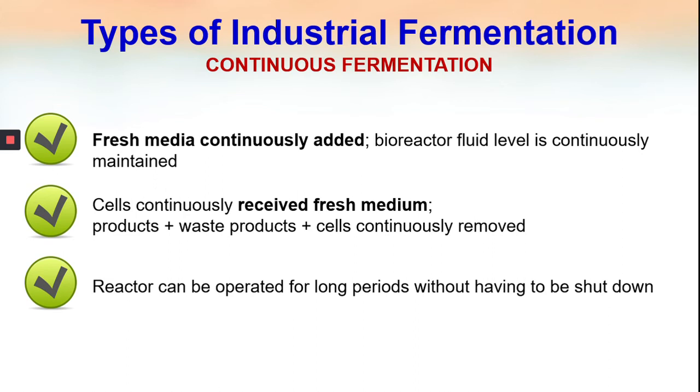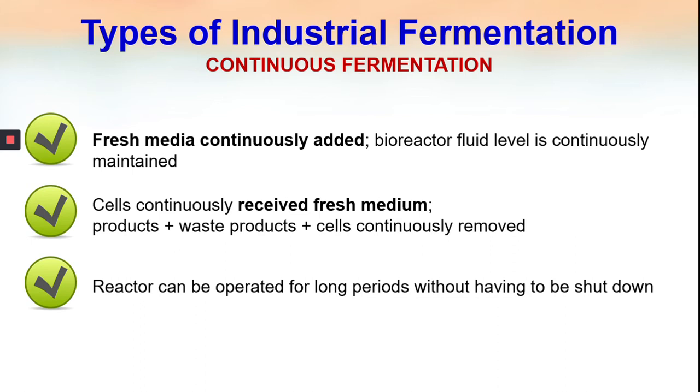In contrast, batch fermentation would not have any interruption or any addition of medium. Meanwhile, continuous fermentation will have the interruption. That means we will add fresh medium inside the fermentation tank during the process of fermentation. This is what we call an open system.